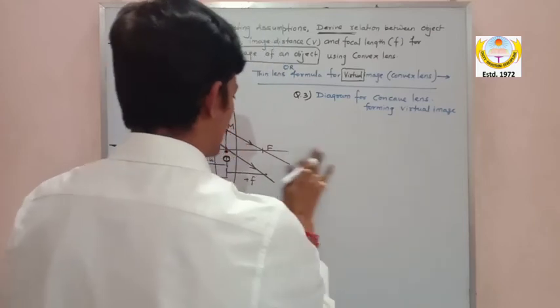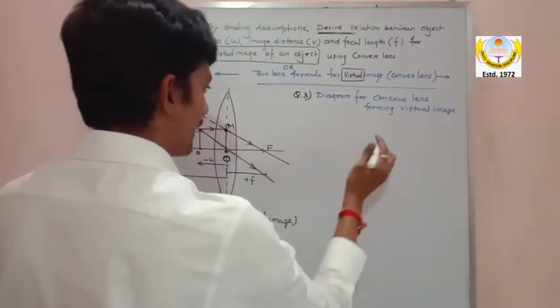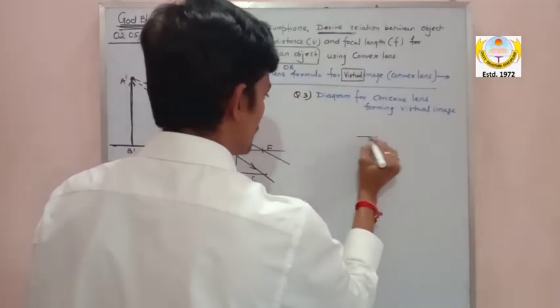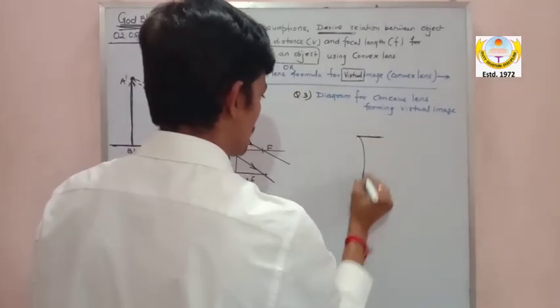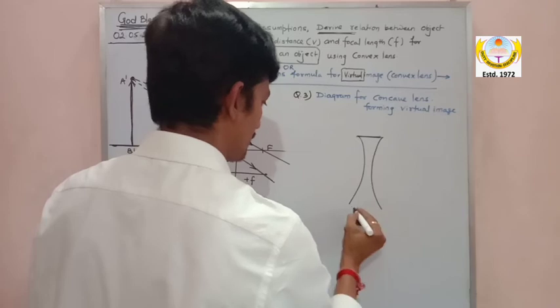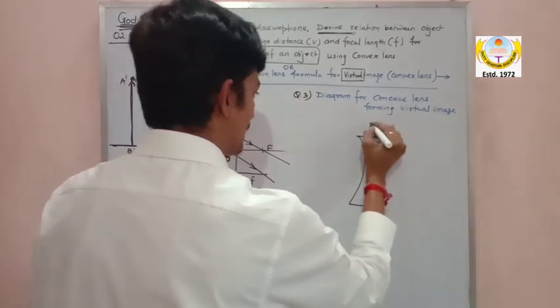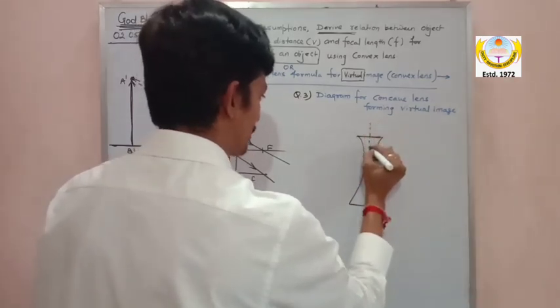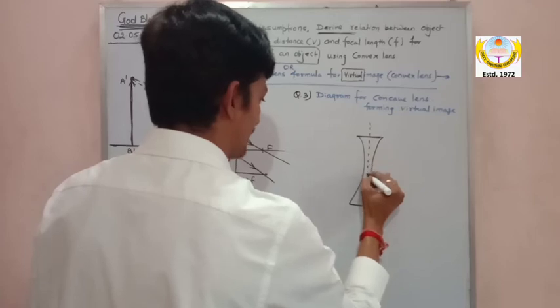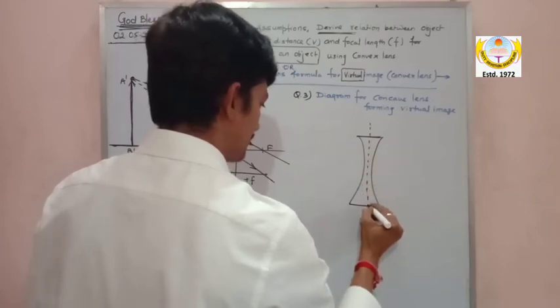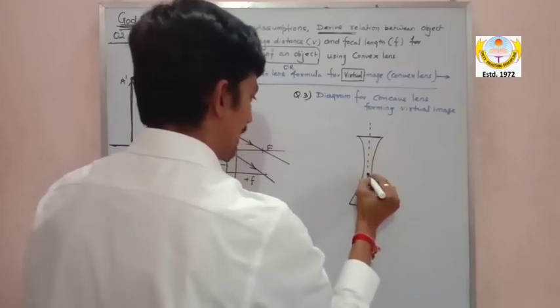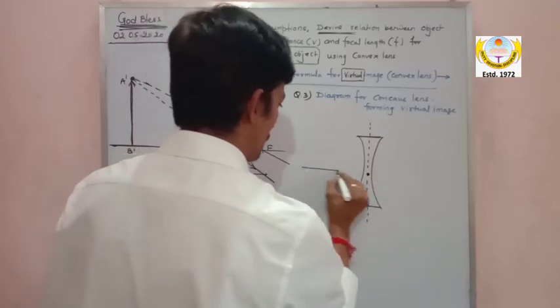So here now let us draw the diagram for concave lens. This is your optic axis, as I told you. Here is the optical center, and this is your principal axis.